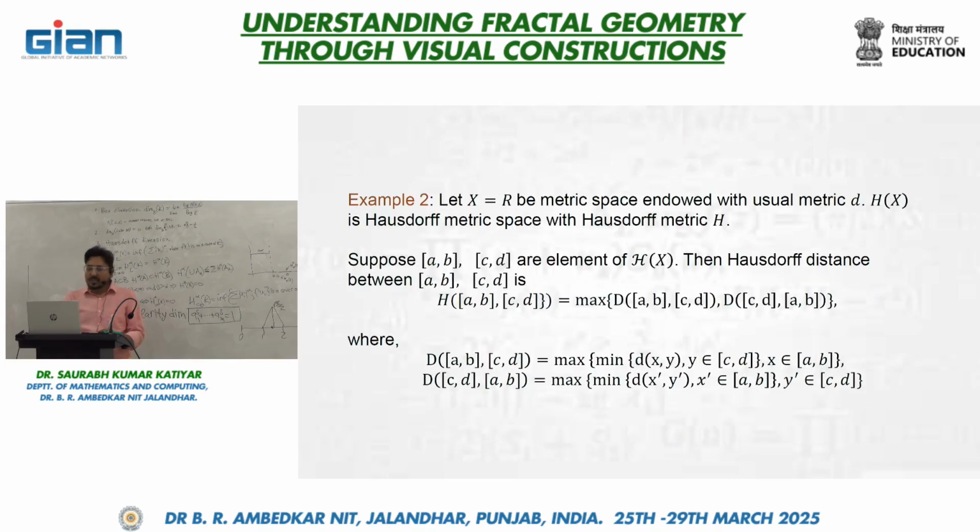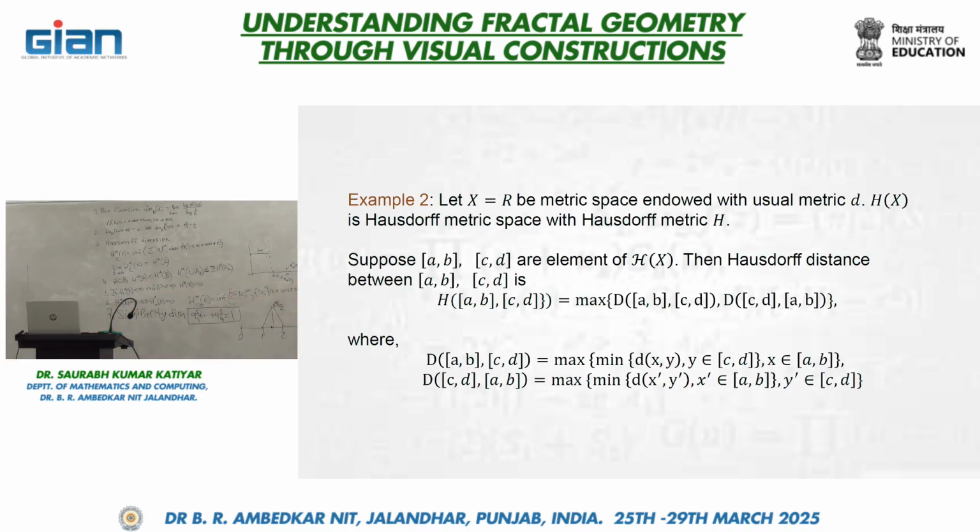So now you can take some interval kinds of things, like closed intervals. Let X is equal to R, a metric space endowed with the usual metric D, H of X is the Hausdorff metric space with Hausdorff metric H, and now I am taking closed intervals A comma B, C comma D as elements of H of X. Then what will be H?